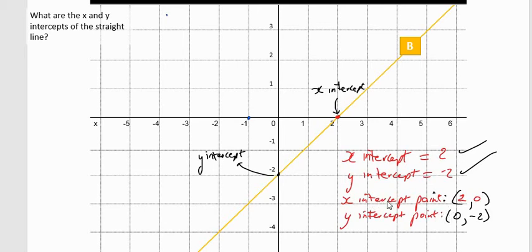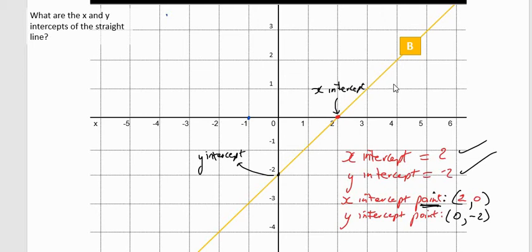So the x-intercept point has an x location and a y location. Once you hear point, you're thinking of where it's located on the x-axis and on the y-axis. Since it's already on the x-axis, we already have its location on the x-axis. So the x-intercept point has two locations, just like any other point.